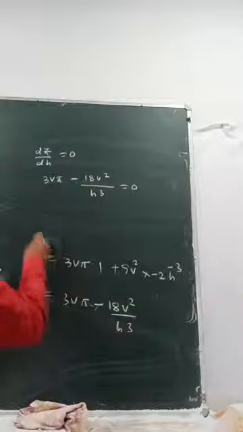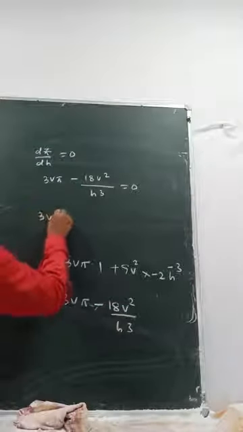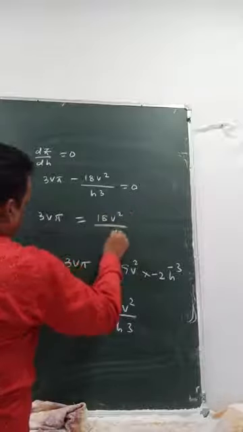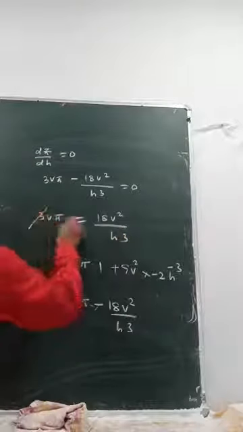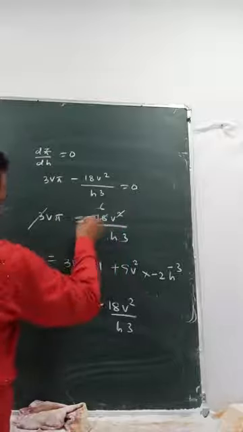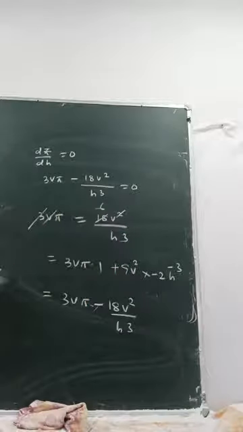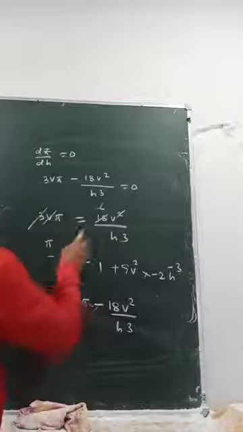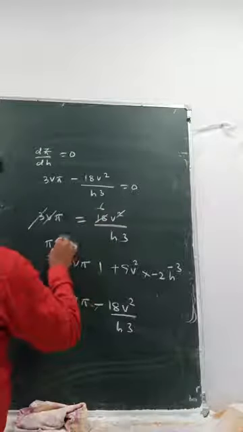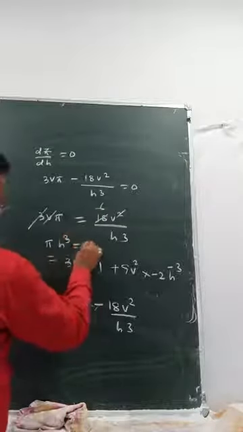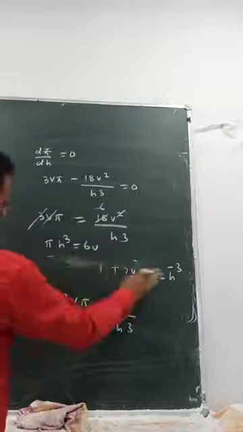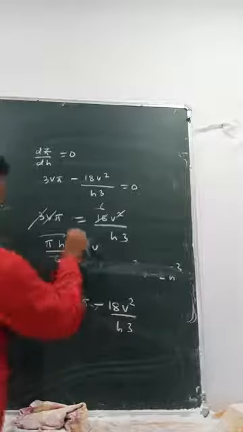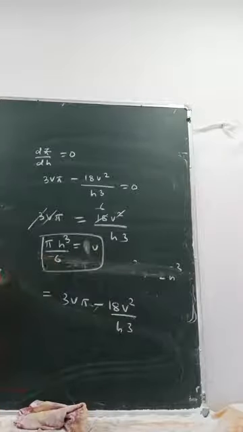So you are getting 3v pi equals to 18v square by h cube. 3 cancels with 6, one of the v is also cancelled. So pi h cube equals to 6v, or I can write here 6v by pi. Let's keep this in the bracket.